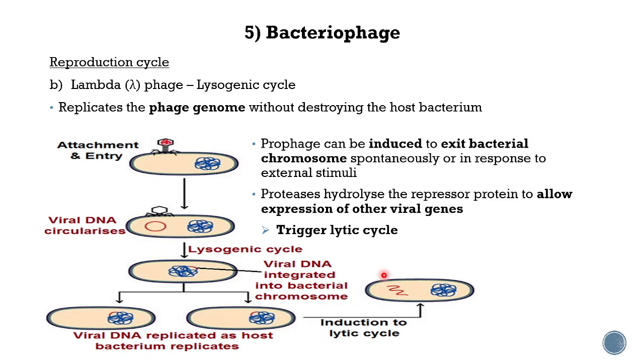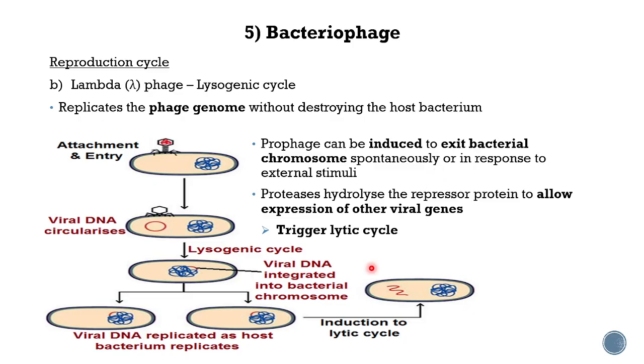Okay, and the lysogenic cycle can be induced to return to the lytic cycle, usually by extracellular stimuli, which are usually detrimental to the bacteria. So the purpose is this, right? In the presence of all these detrimental substances or conditions that will kill the bacterium, before the bacterial cell dies, the prophage, the virus, wants to make more viruses.